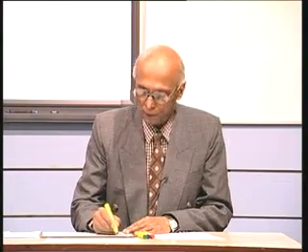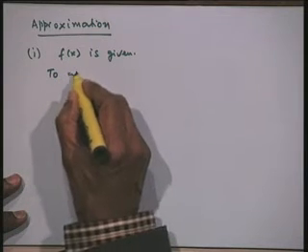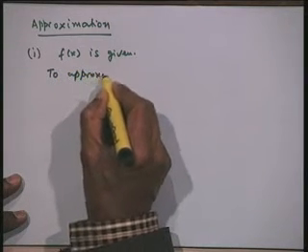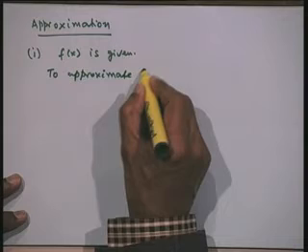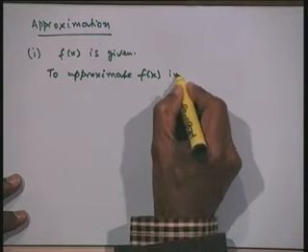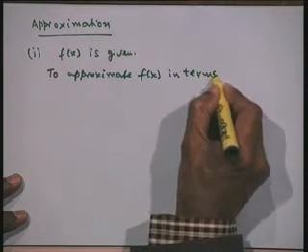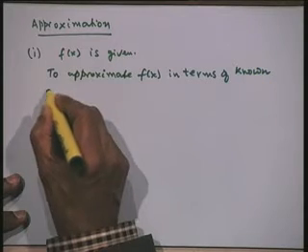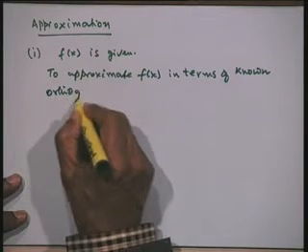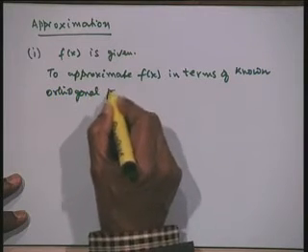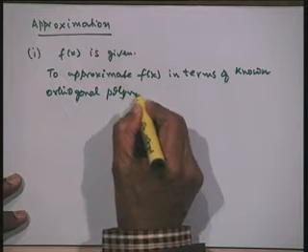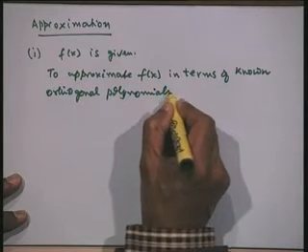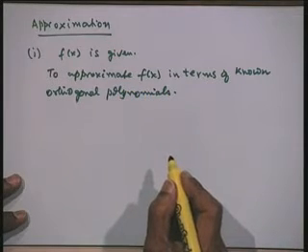Therefore, the problem of approximation is to approximate f(x) in terms of known orthogonal polynomials.